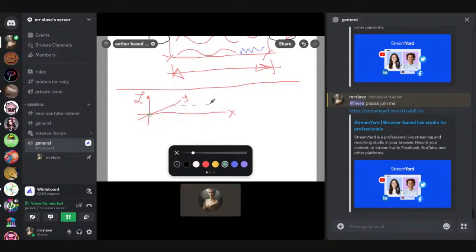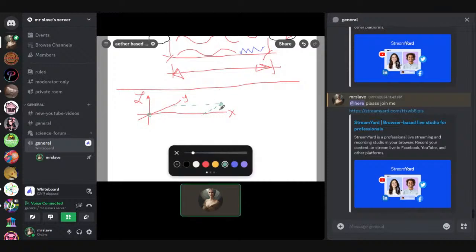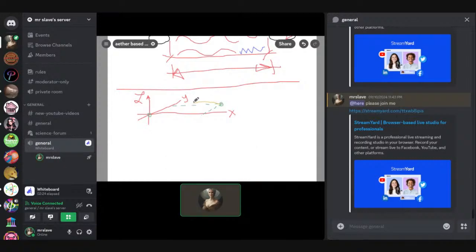So this was the final point of the trajectory. So the trajectory would end up being something like this.